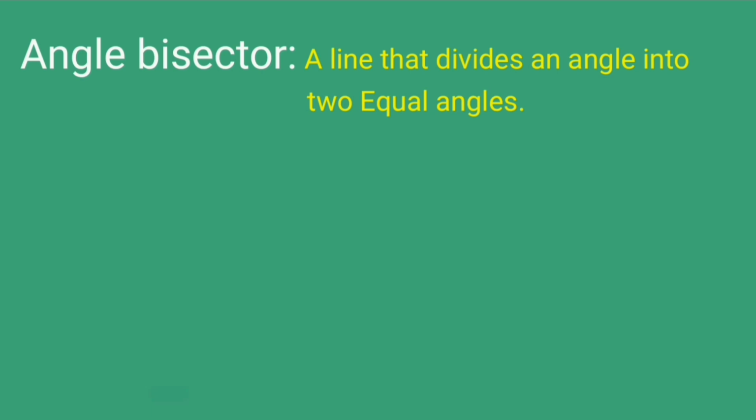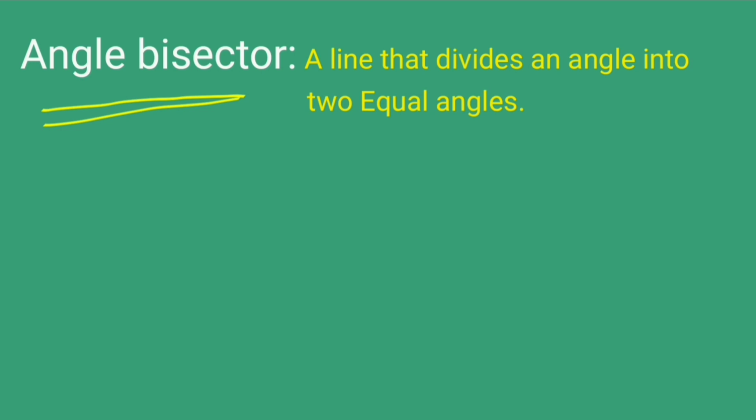Up to now, medians and centroid properties are completed. Next one is angle bisector. Angle bisector is a line that divides an angle into two equal angles.